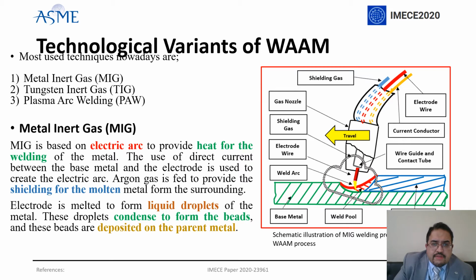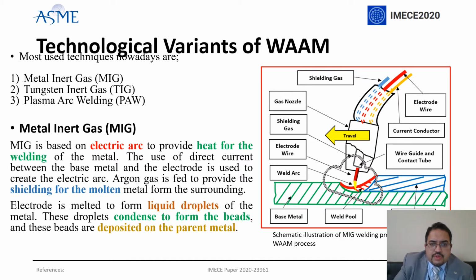If we talk about the different technological variants of the WAAM process, it comes in three basic configurations: metal inert gas based welding process, TIG (tungsten inert gas) based process, and plasma arc welding based process. The first one, metal inert gas, is based on the electric arc that provides the heat for the welding of the material, and the use of direct current between the base metal and the electrode is used to create the electric arc.